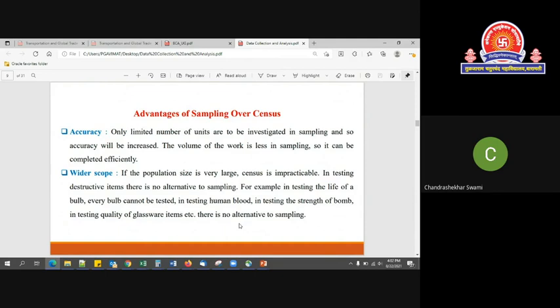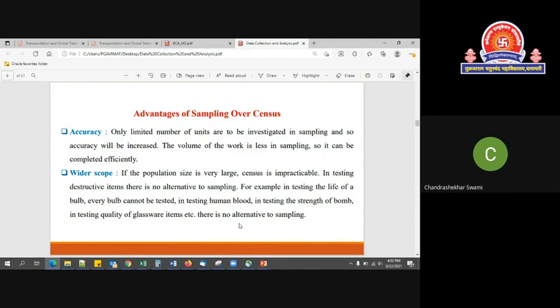Suppose you are producing 100 atom bombs and you want to test their quality. If you test each and every atom bomb, then nothing is left in your hand to sell. So in this case, the sampling method is a very effective technique for getting the information.